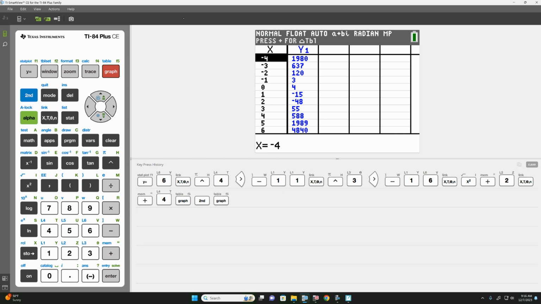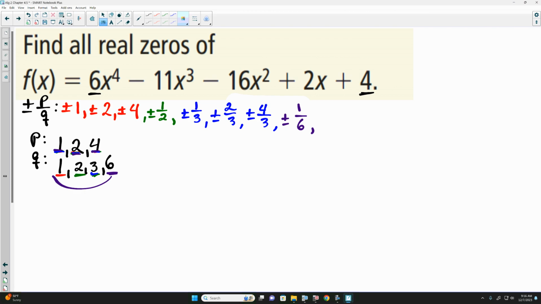Positive and negative 2 did not give me a y value of 0, so they're gone. Positive and negative 1 did not give me a value of 0, so they are gone. So out of all of our solutions, those three are immediately out because they do not give me a y value of 0. Now we can look at the rest of them.